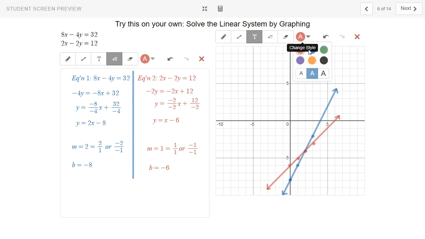Okay, our solution is this point here, 2 and negative 4.